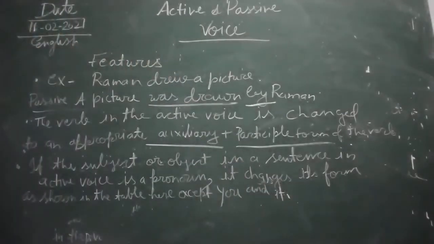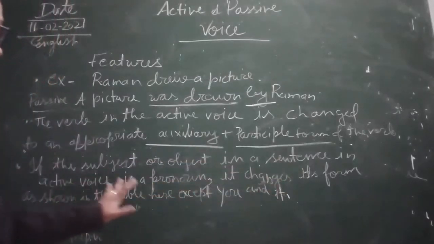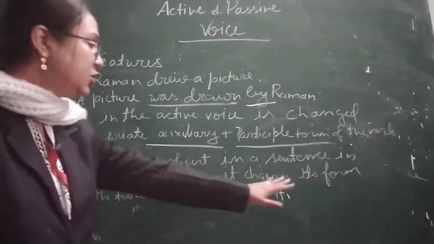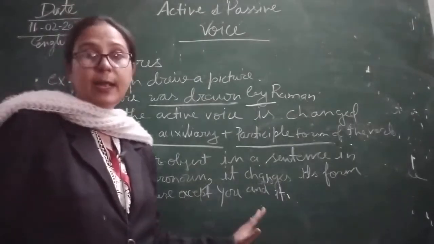Okay. Now here you can see, if the subject or object in the sentence in the active voice is a pronoun, so what will we do? It changes its form as shown in the table, except you and it.